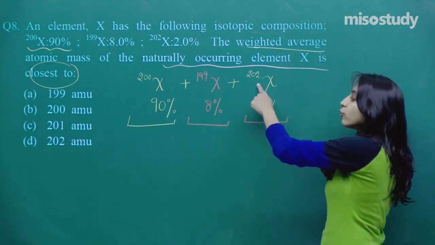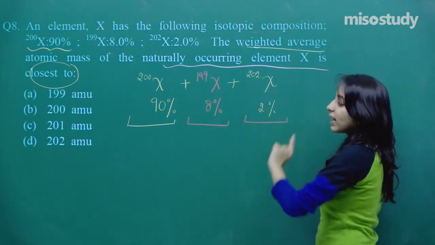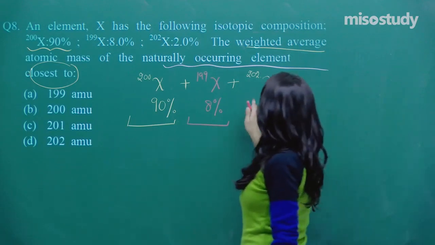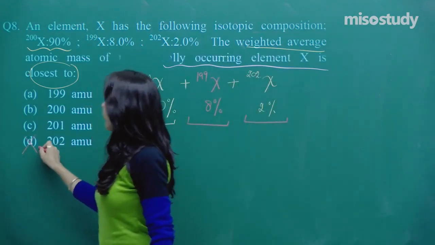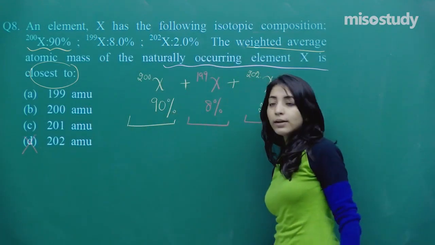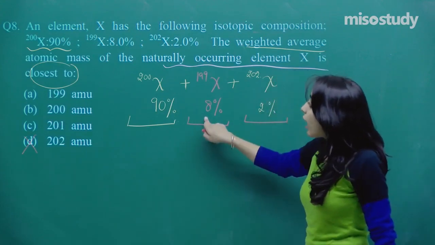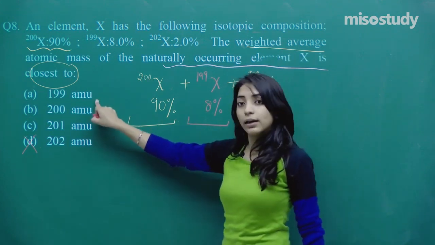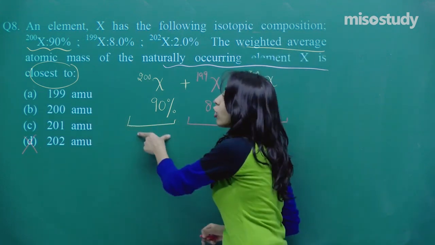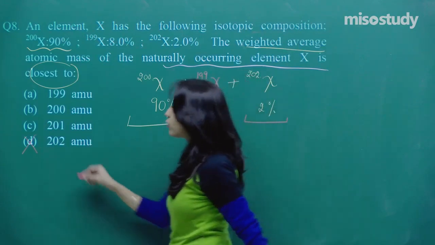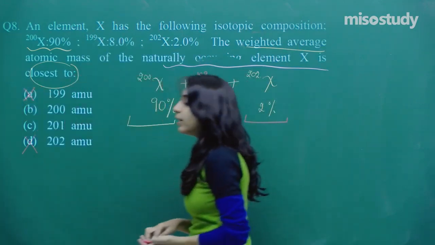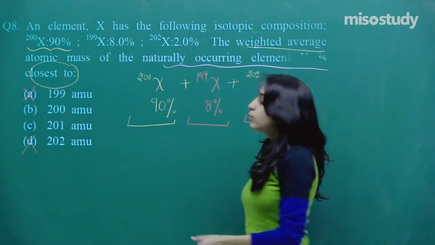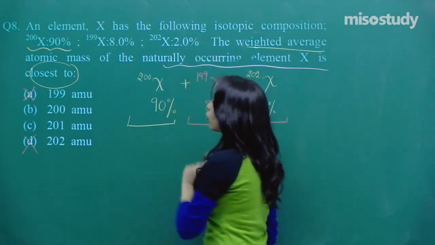If 100% would have been 202, then the final answer would have been 202. So now only 2% is there, so this cannot be the final answer. Am I right? Similarly, if 100% would have been 199, then the answer would have been 199. But we have approximately 90% of 200, so even this cannot be the answer. Fine. Now guys, we are left with either 200 or 201.